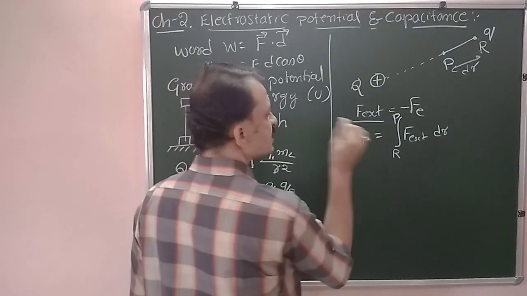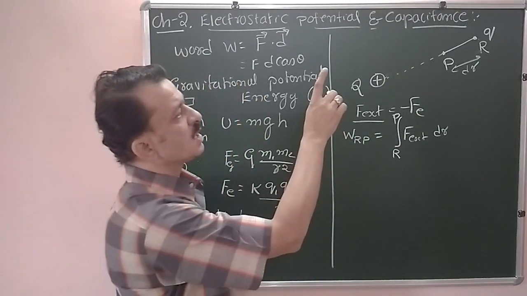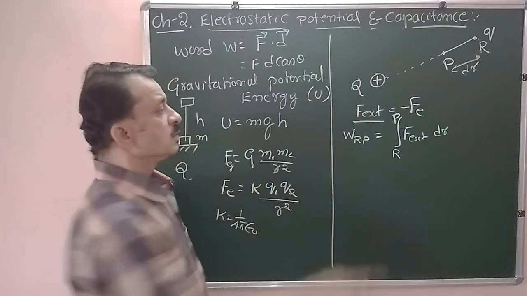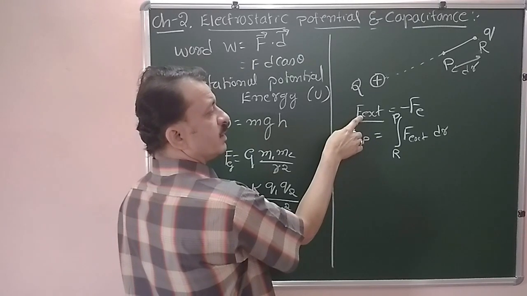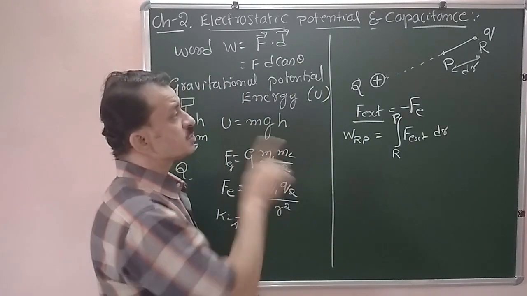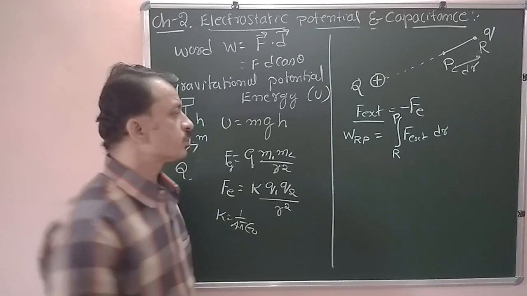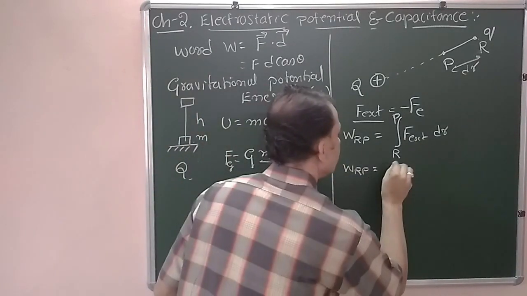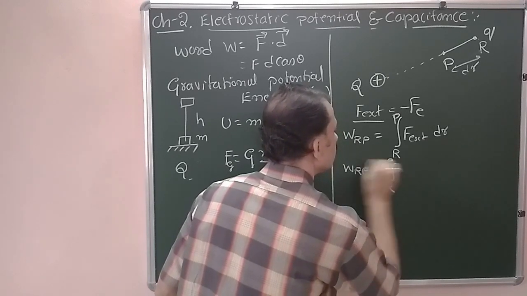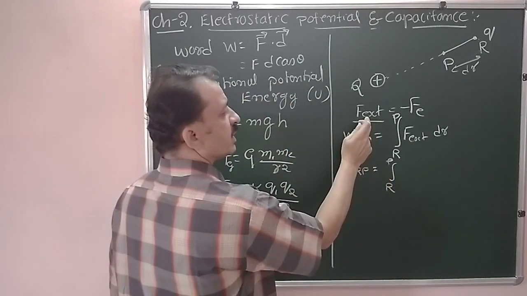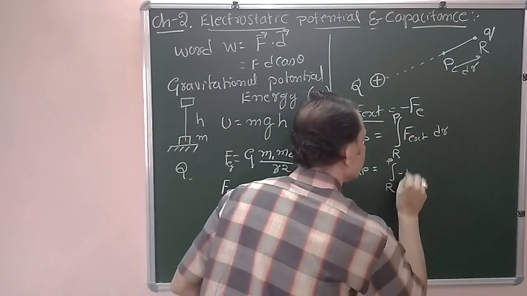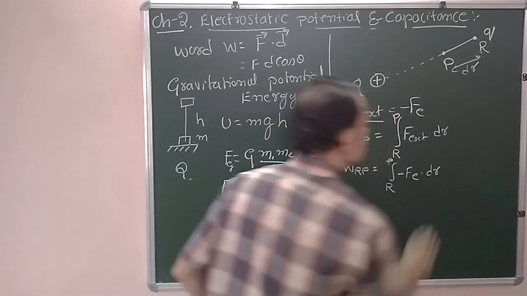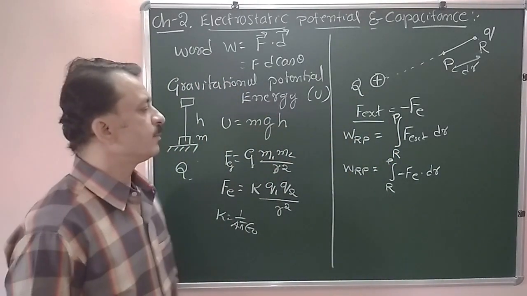Therefore, WRP is the work done in bringing the test charge from R to P. Now, this work done should be equal and opposite to the electrostatic force. So, I will write WRP is equal to the integral from R to P, where F external is replaced by FE with a negative sign. The negative sign is going to indicate the direction only.